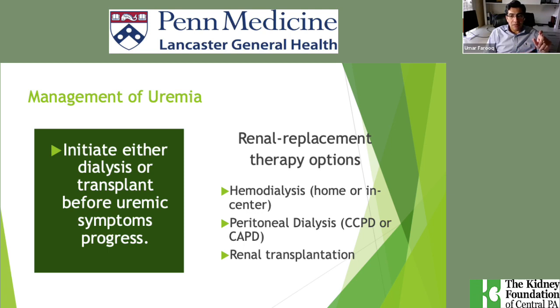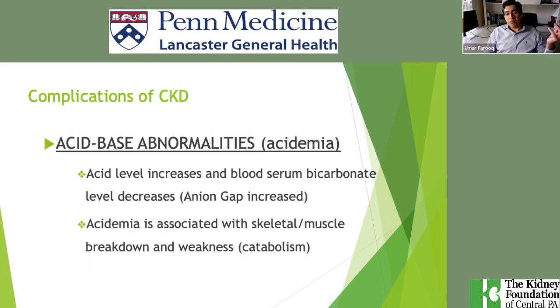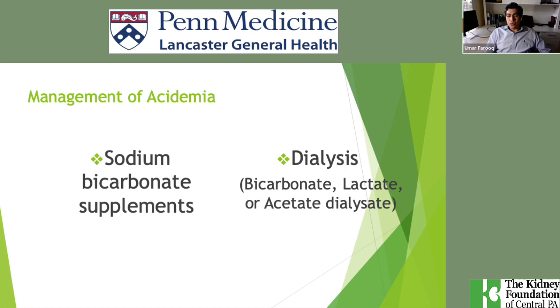Basically, the usual problem is there is more acid or less alkali, so you treat by giving the alkali back, which is the sodium bicarbonate supplements. And once the patients are on dialysis, the fluid which we run around in the dialysis machine has either bicarbonate or lactate, just to replace some of those losses or lower levels. So this is kind of the exogenous replacement.